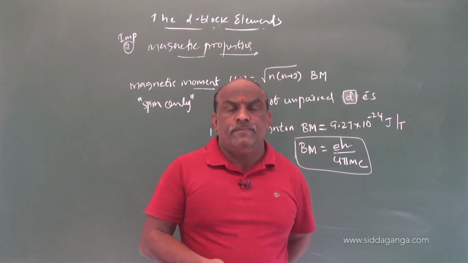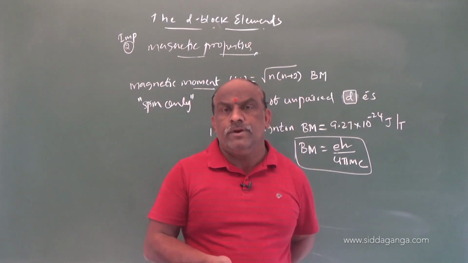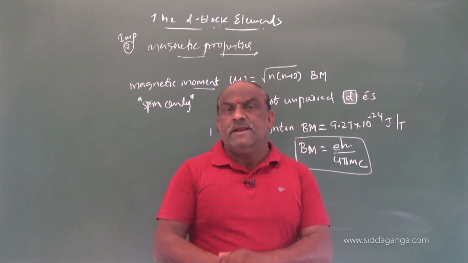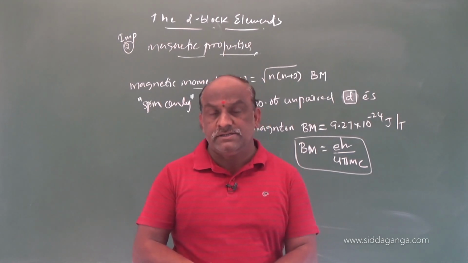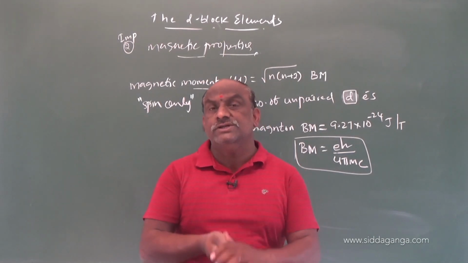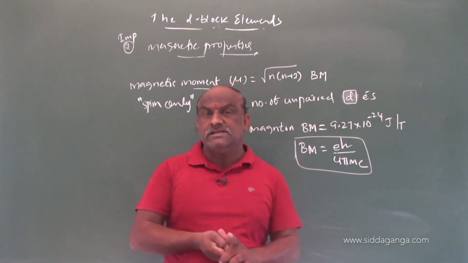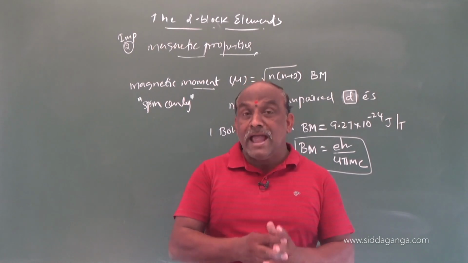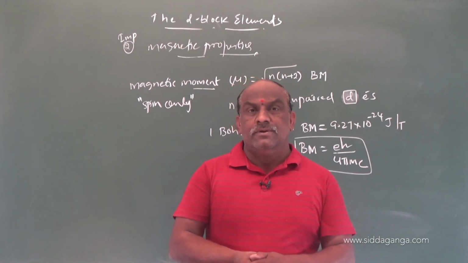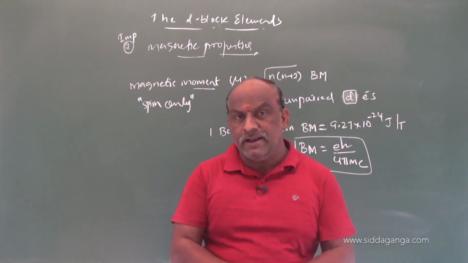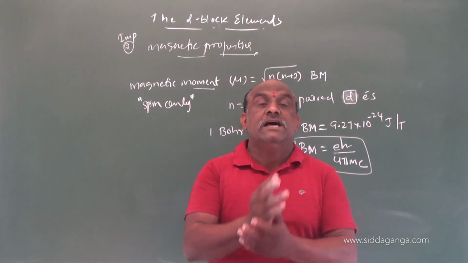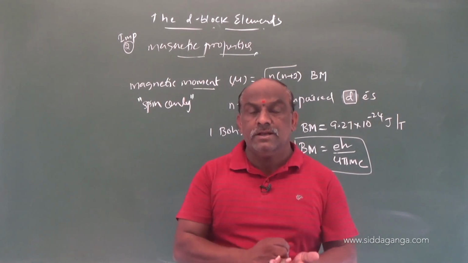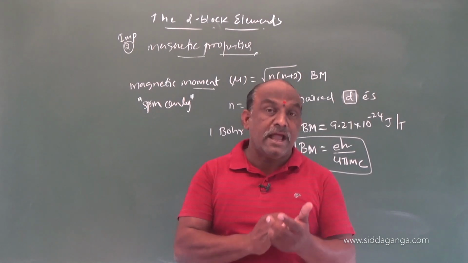Here, this magnetic moment, or spin only magnetic moment, is explained in the form of the number of unpaired electrons. That particular electron is associated with, number one, spin and, number two, angular orbital momentum. A particular unpaired d electron is associated with orbital angular momentum and spin angular momentum.